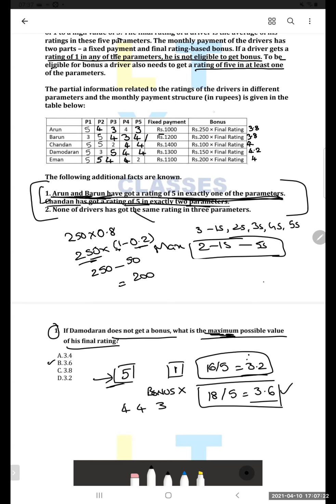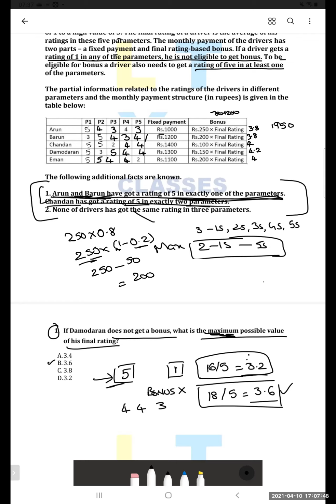So 750 plus 200 is 950, plus 1000. So the payment to A is 1950 under this. Correct? Followed? Any questions? No, sir. Okay, next question.